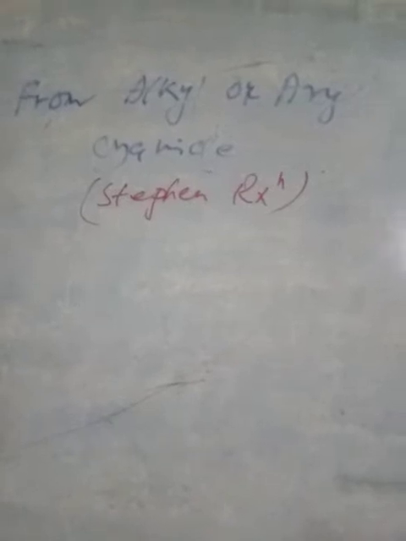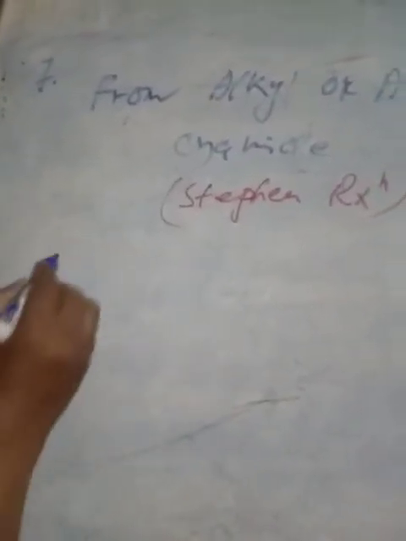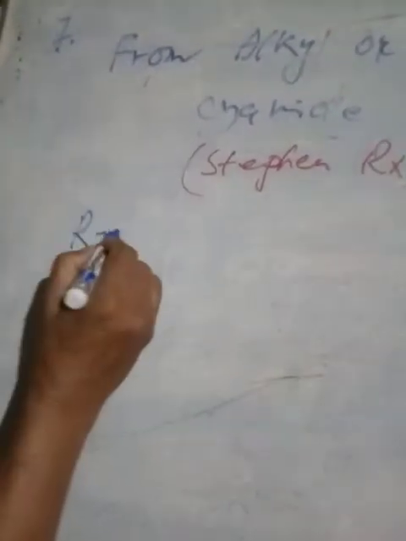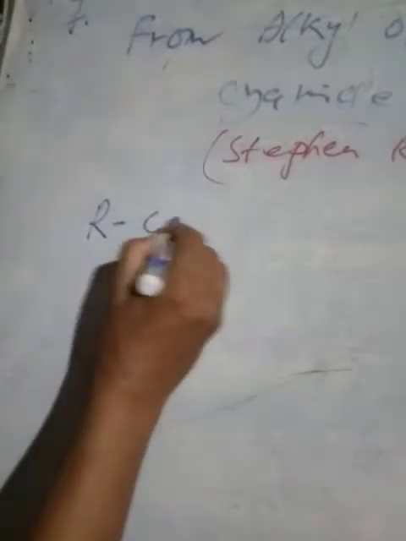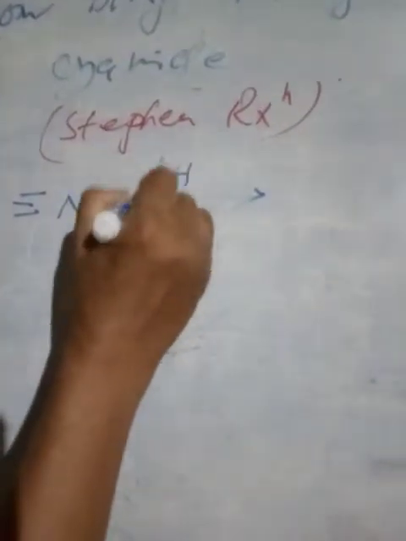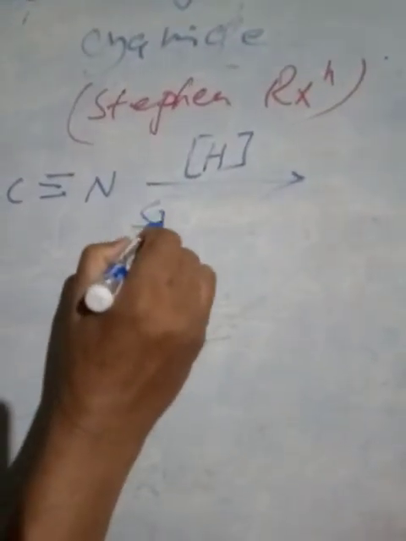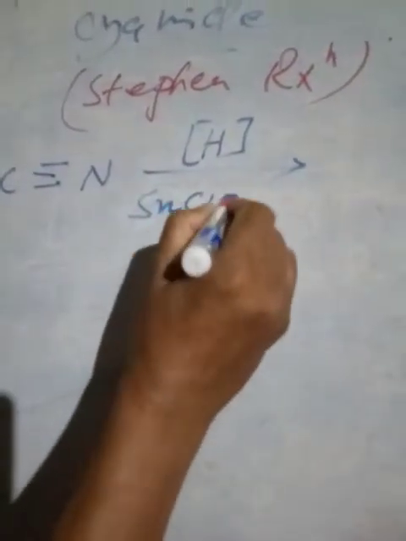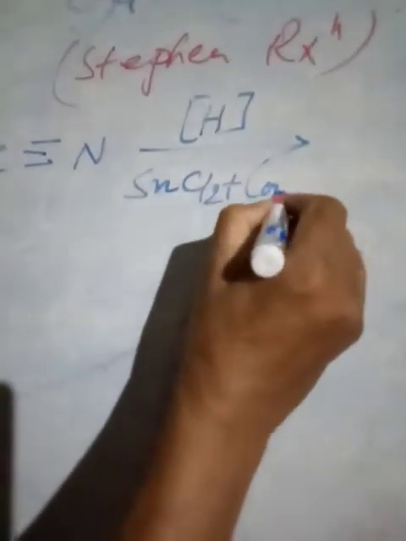Stephen reaction. Here what happens? An alkyl cyanide is reduced, and the reducing reagent is stannous chloride plus concentrated HCl.